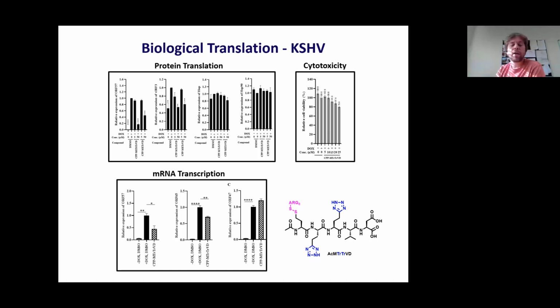Okay, and of course, importantly, they were not particularly cytotoxic: 79% cell viability at 25 micromolar. It's not what one would consider particularly cytotoxic. So we have what looks like non-cytotoxic inhibitors of Kaposi sarcoma and herpes virus replication.